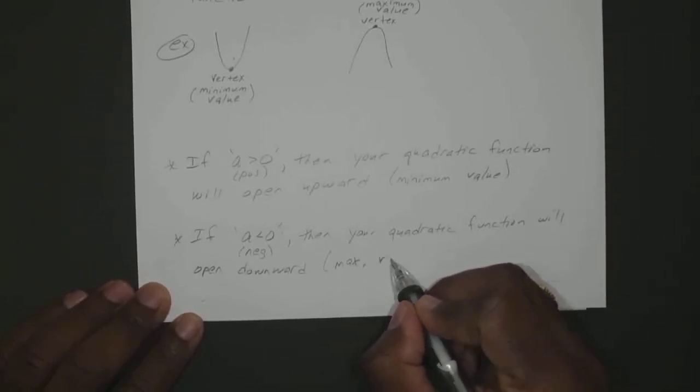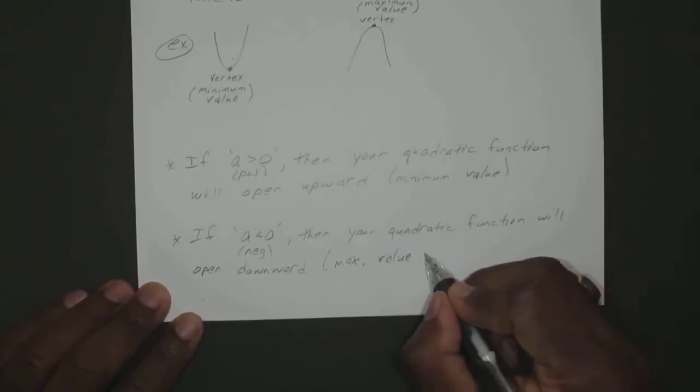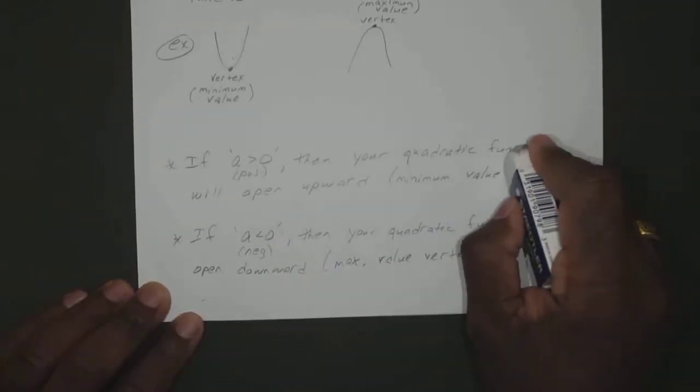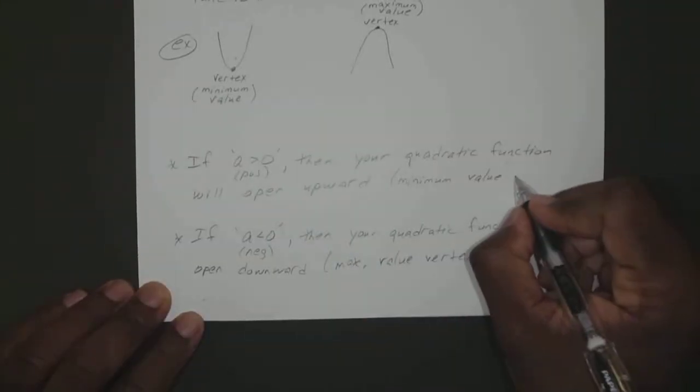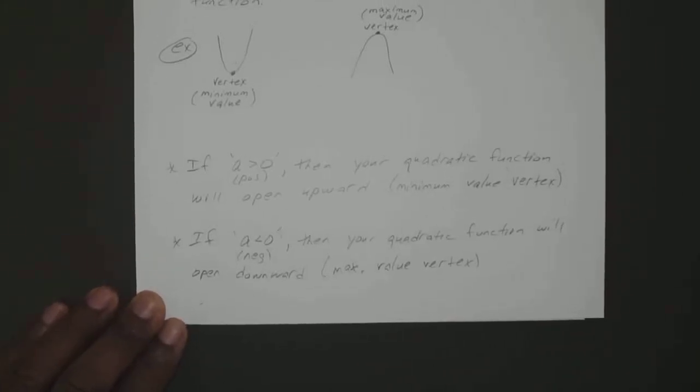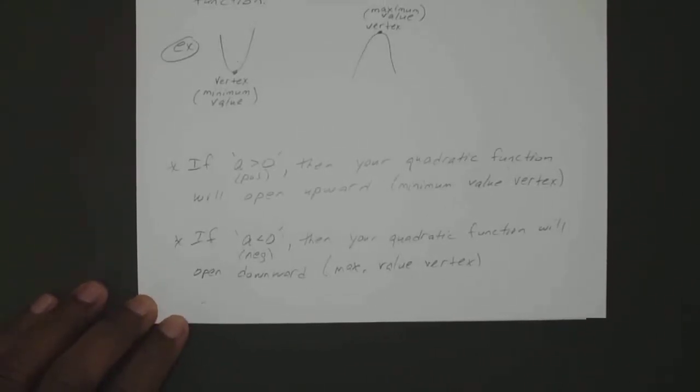So your maximum value, and probably put vertex there just to clear up the maximum value of what. Okay. So you don't really have to know what the graph looks like to know whether or not it opens upward or opens downward.